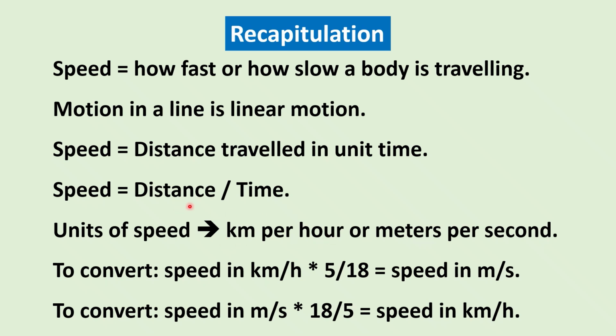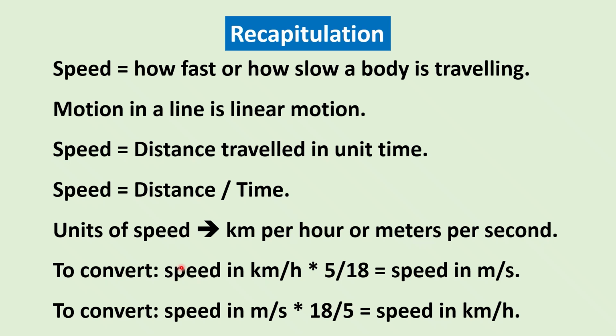If distance is in kilometers and time is in hours, then kilometers per hour, or if distance is in meters and time is in seconds, then meters per second. So the speed unit can be kilometers per hour or meters per second.